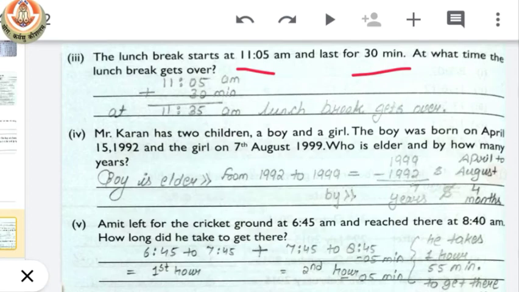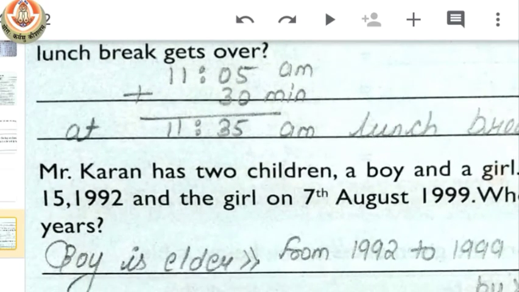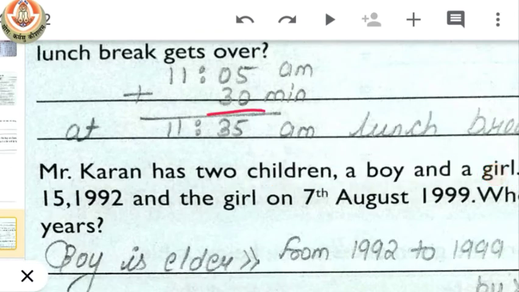So we have to answer at what time the lunch break gets over. So all we have to do is add 30 minutes to 11:05. When we add 30 minutes to 11:05, we get 11:35 a.m. That means lunch gets over at 11:35 a.m.